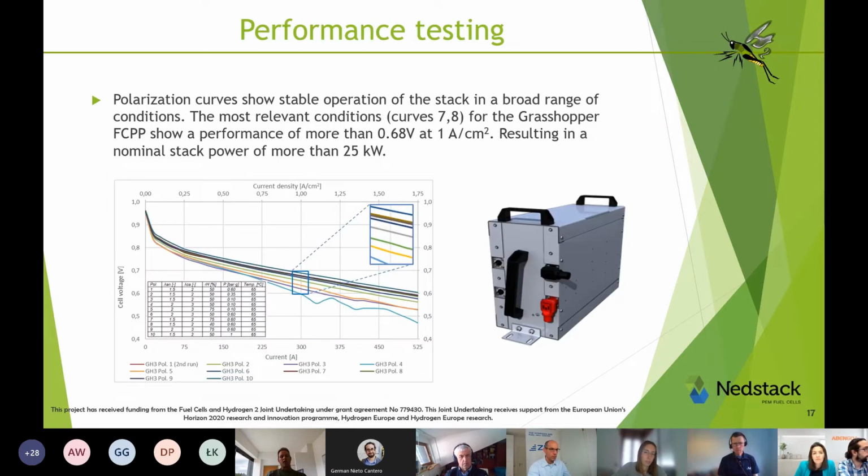So here you see first on the right-hand side the large stack as it is, and on the left side you see the performance at the slightly elevated pressure of 0.6 bar G back pressure, as it was originally intended, is actually exceeding the project target of 0.68 volts at 1 amp per square centimeter.